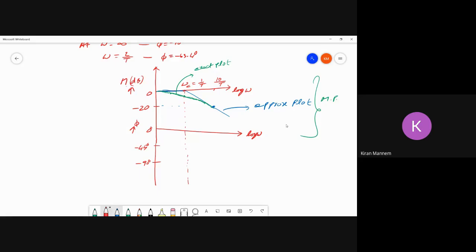The point is, that's why I draw this dotted line at omega equal to 0. This would be something like this. If you take more values, it would be like this. So it will touch.